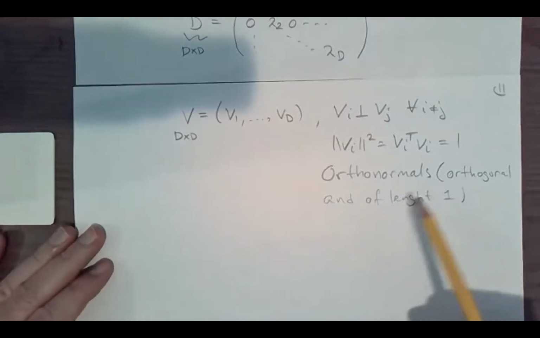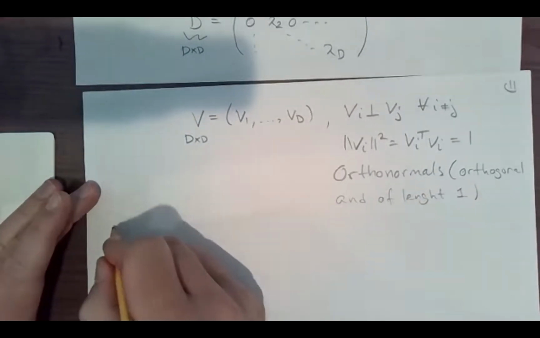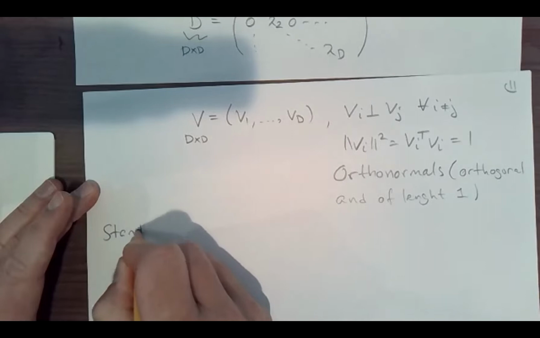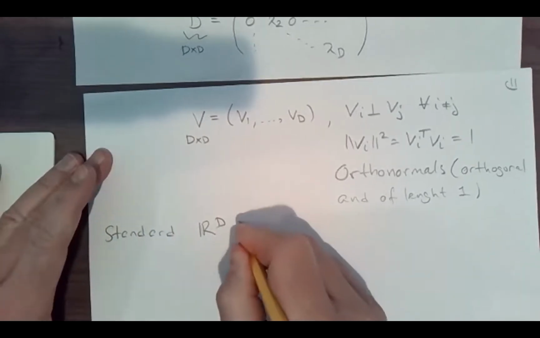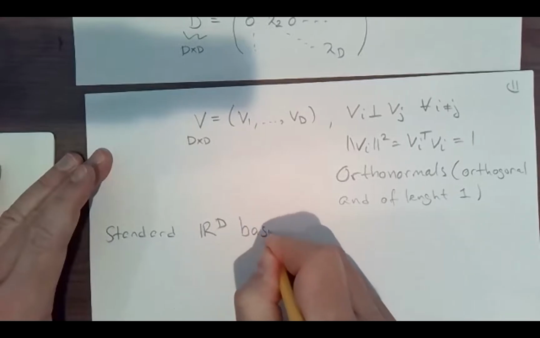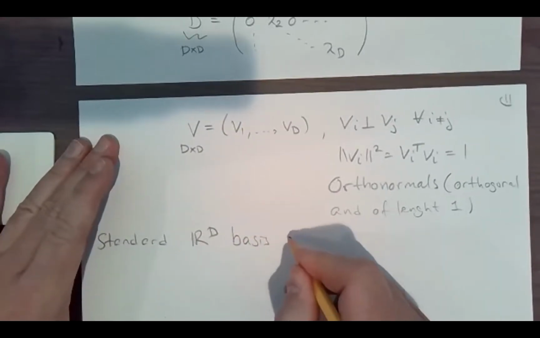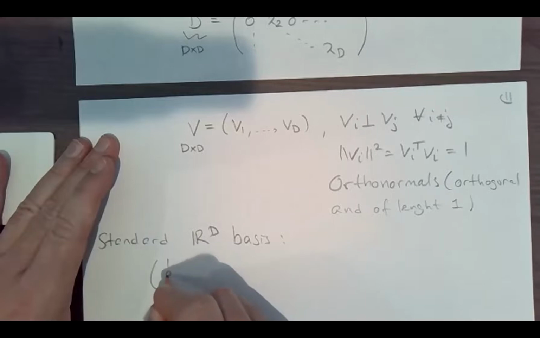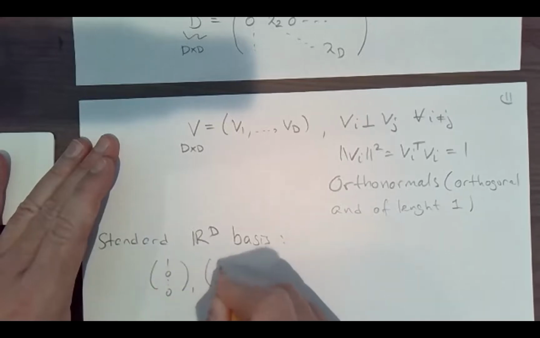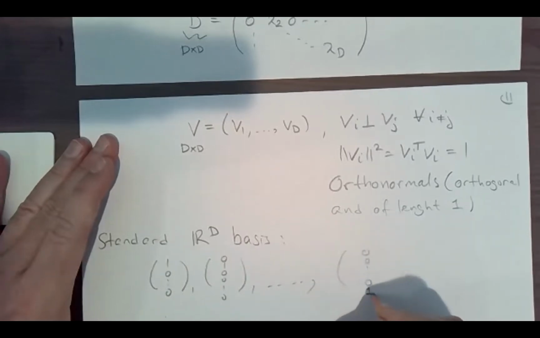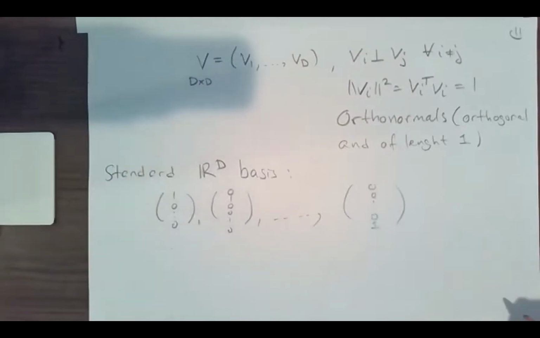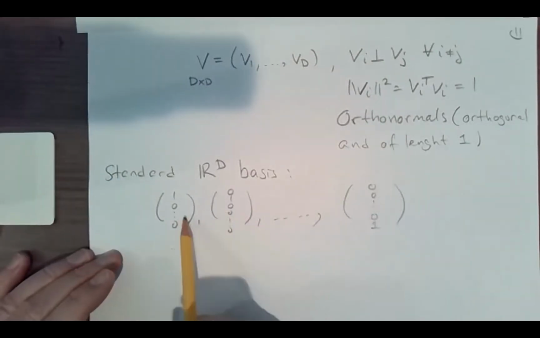This is exactly what we're used to in the standard basis. The standard R^D basis is like (1, 0, ...), then (0, 1, ...), and then zeros everywhere. All these are orthogonal.